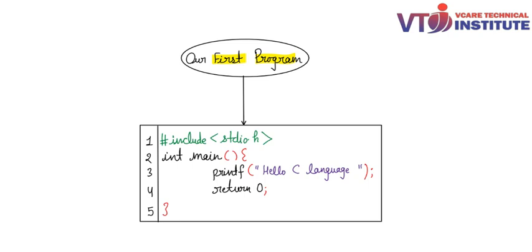It has include stdio.h and then int main. All of these I'm going to tell you later, but let's focus on the syntax. It starts from this bracket, then printf, return 0, and then this. So it's the syntax of every program when you write in C. Let's move ahead and talk about each part of the code.